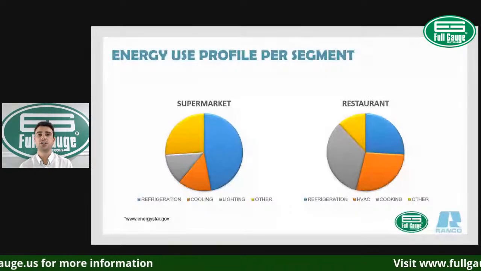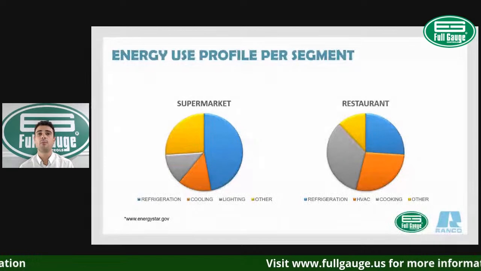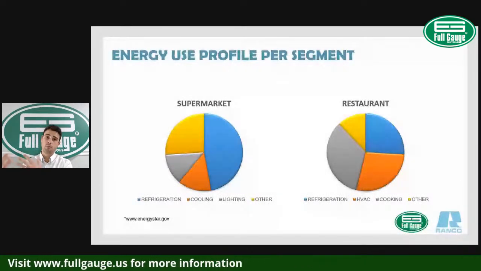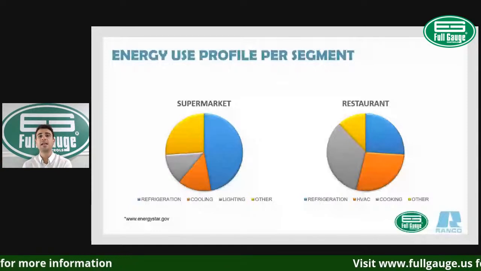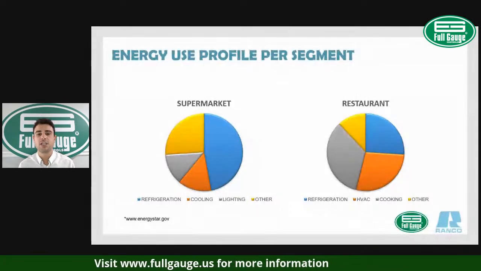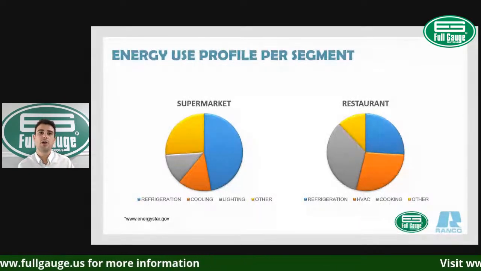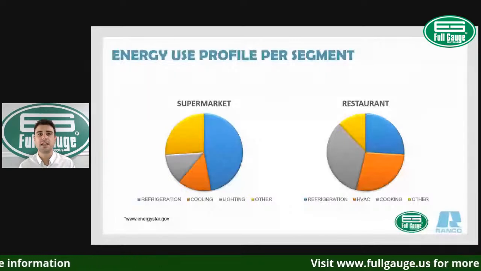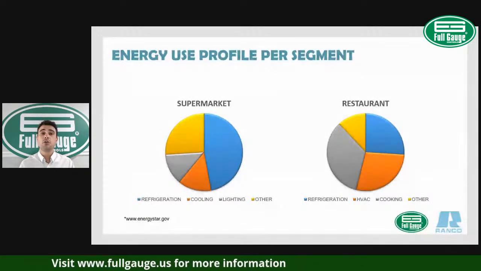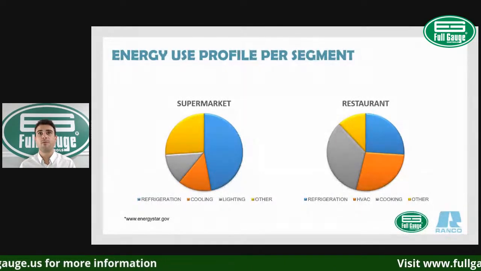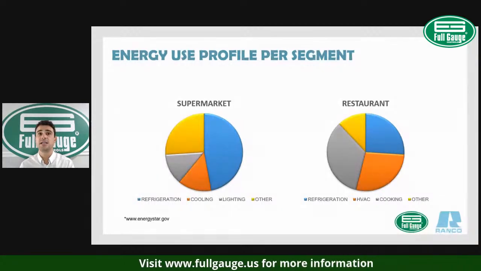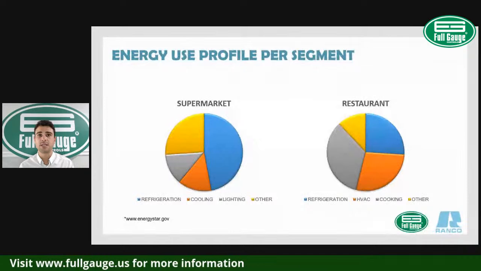The adoption of digital controls will provide you a more precise control, allowing you to reduce running time and improve efficiency. For example, with a time-initiated, time-terminated defrost, or a time-initiated, temperature-terminated defrost, you're running defrost every 4, 6, 8 hours, but you don't know if the defrost is actually needed during that frequency.